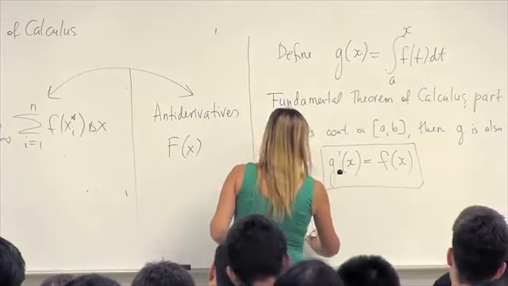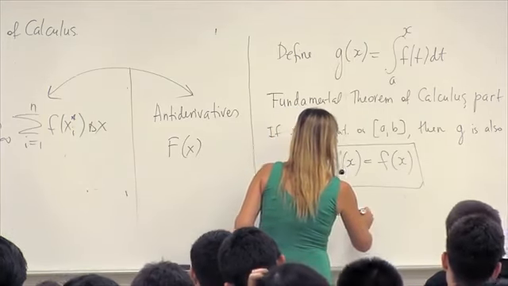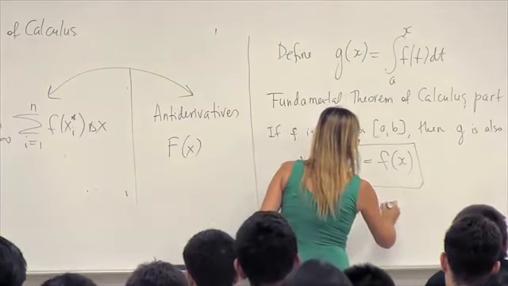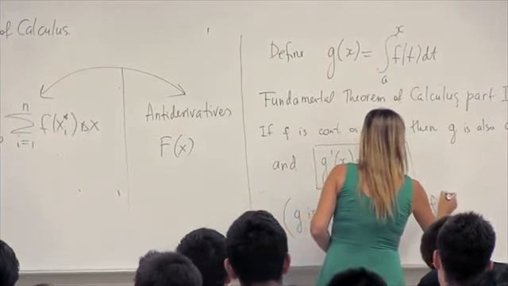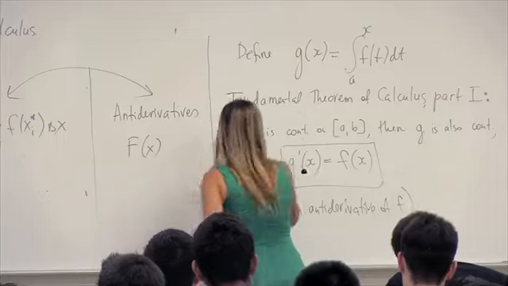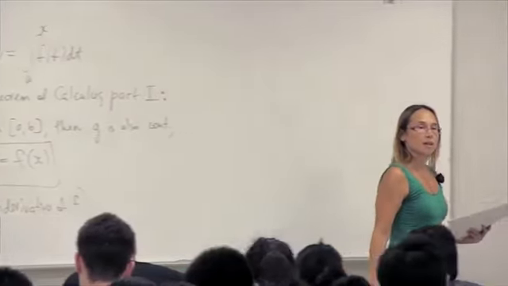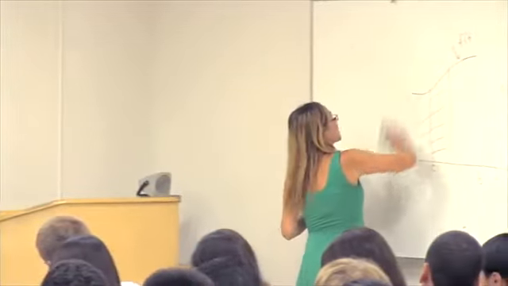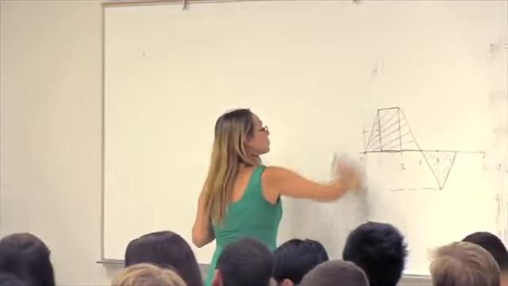So we can say, in brackets, that g is an antiderivative of f. This statement can be proven rigorously. Instead of proving it to you, I'm going to give you a motivation, a picture example of how you can think about this theorem.